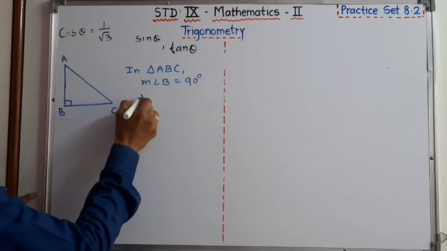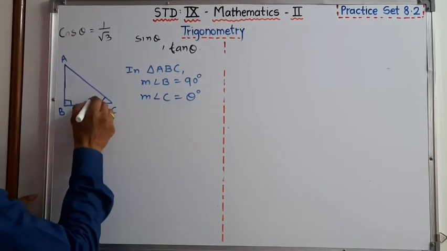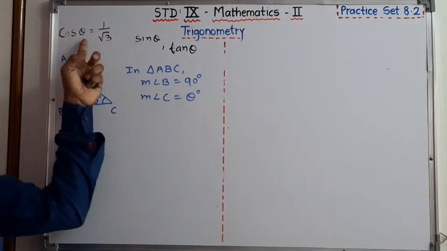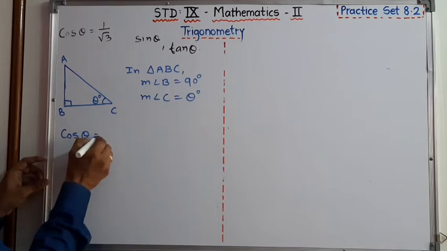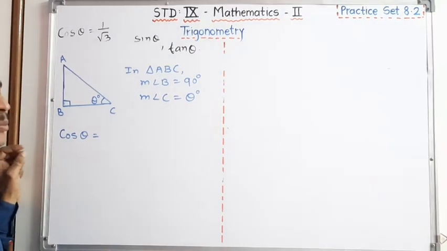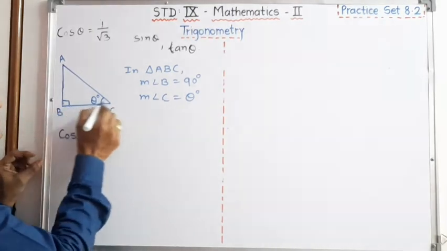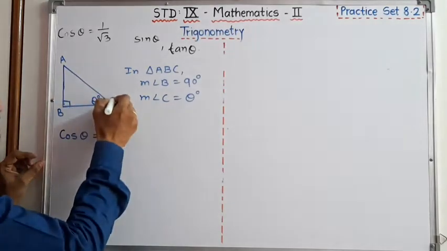Theta is there. Therefore, measure angle C is equal to theta degree. Now, cos theta is given. Therefore, we have to write cos theta is equal to, now, cos means adjacent side upon hypotenuse. For angle C, adjacent side is BC and hypotenuse is AC.